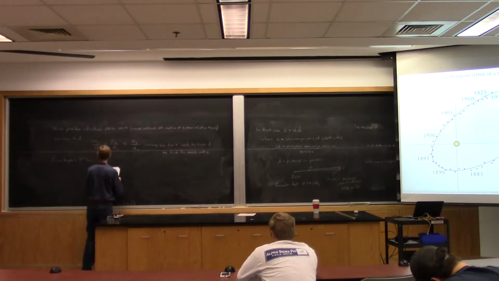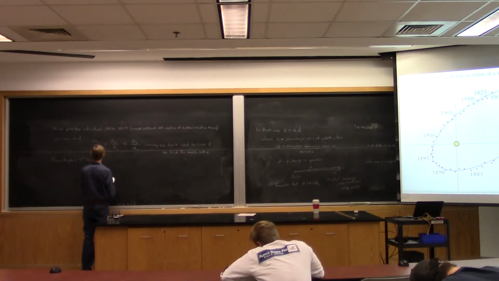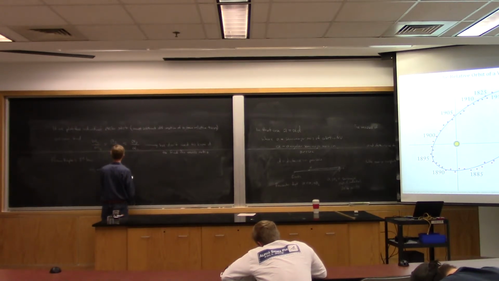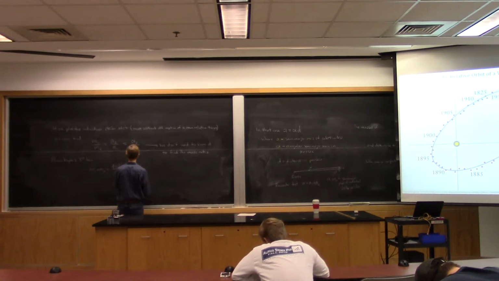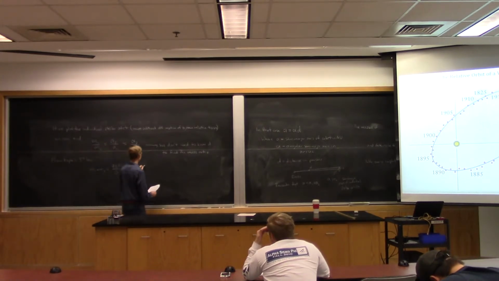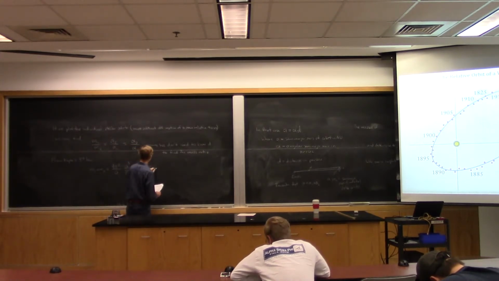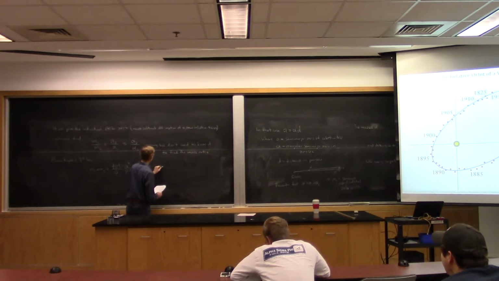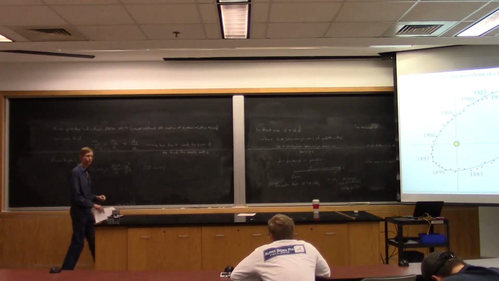From Kepler's third law, we know m1 plus m2 is equal to 4 pi squared over G times a cubed over p squared. That's in SI units, right?